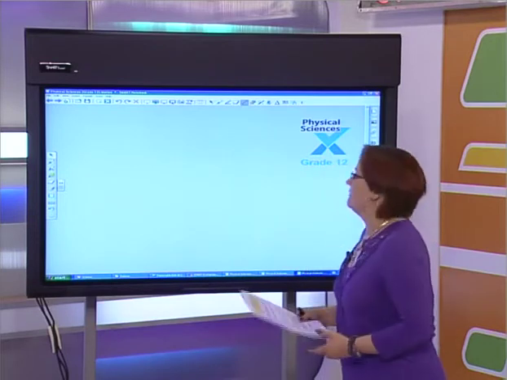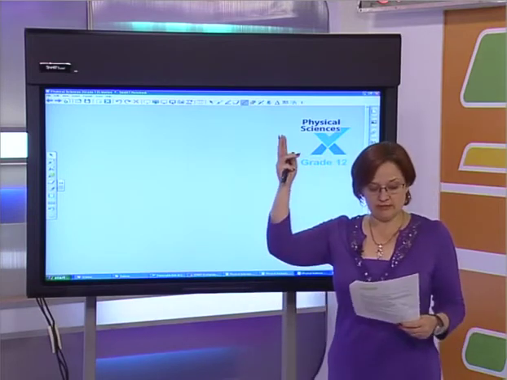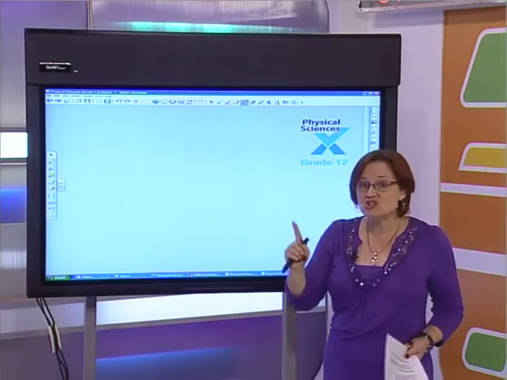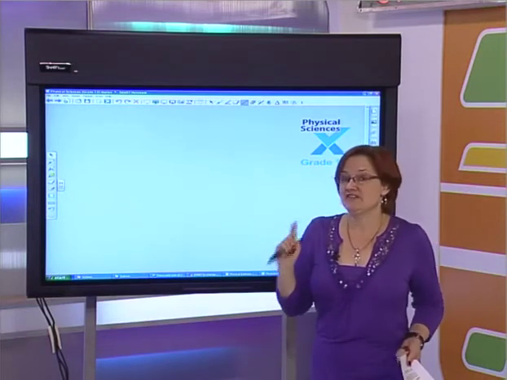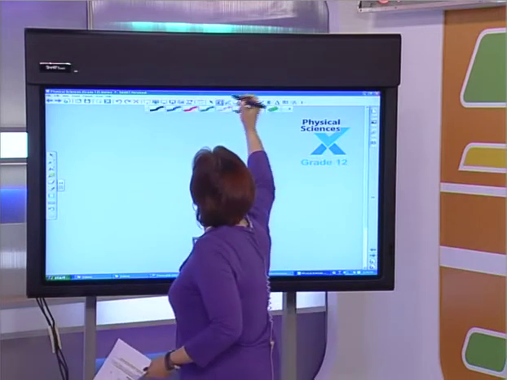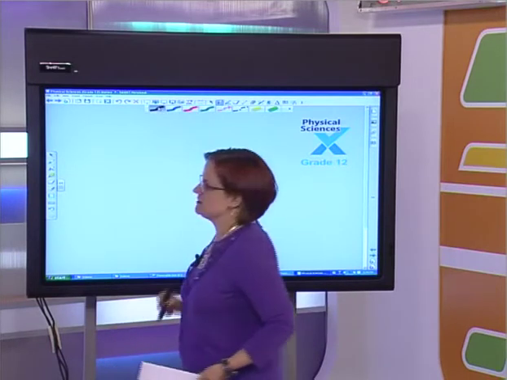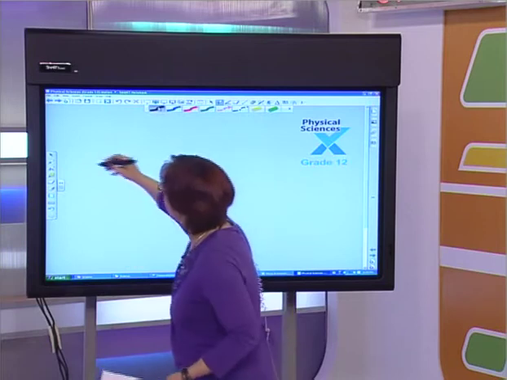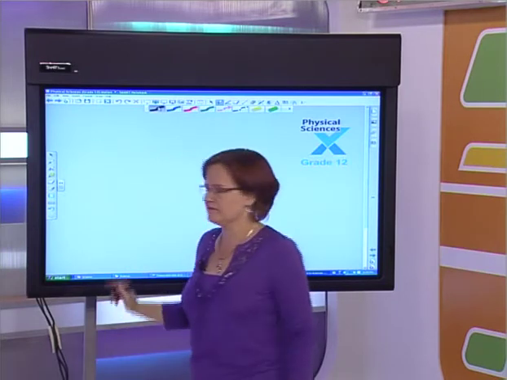So here we have a question where it says you have a ball thrown vertically upwards with an initial velocity of 10 meters per second. Now I also like to draw a picture, which my learners at school find quite hysterical because I can't draw to save my life, but we'll make it a very simple picture.